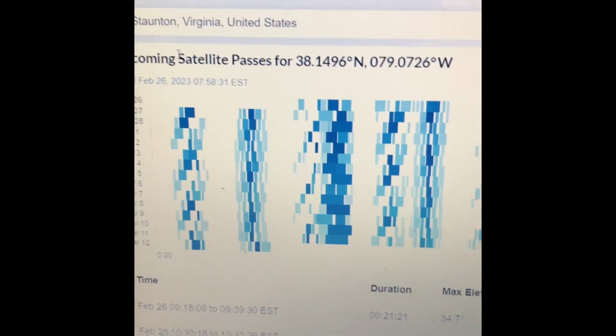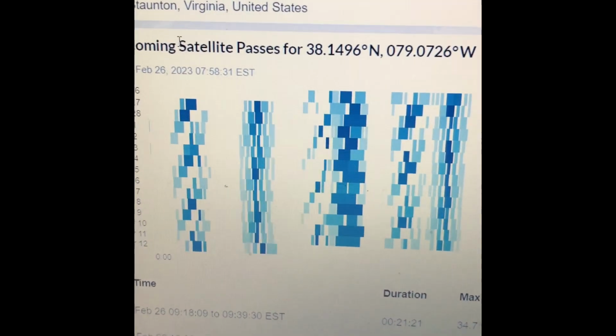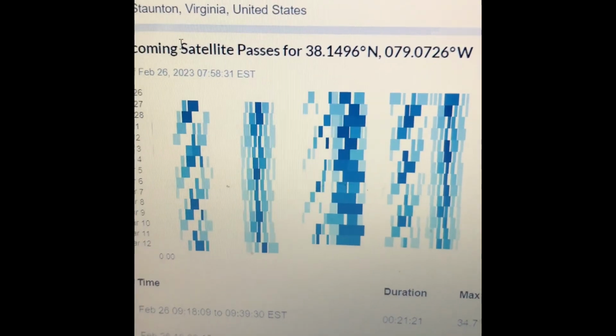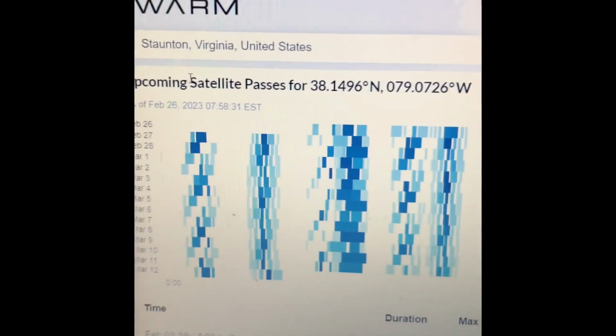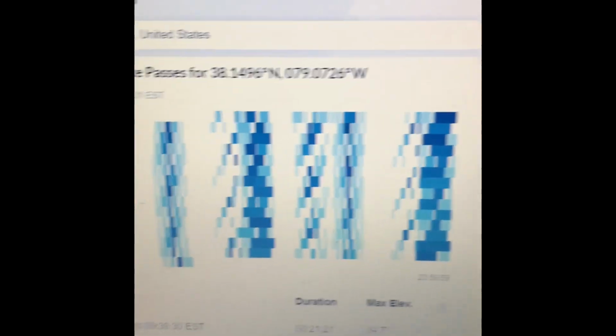They're not displayed here. We have to select one of these little blue rectangles to get the times, but you can see that we've got basically 5 windows of time during which there are satellite passes.